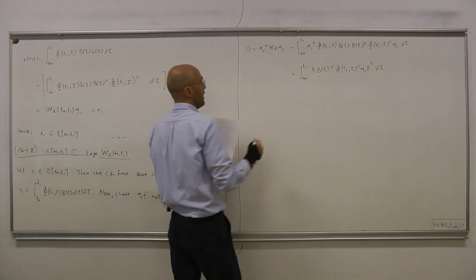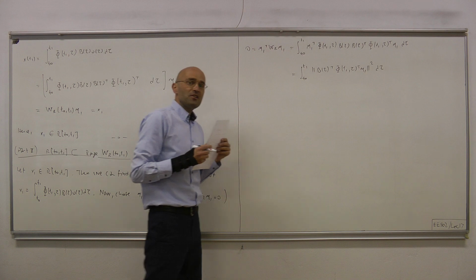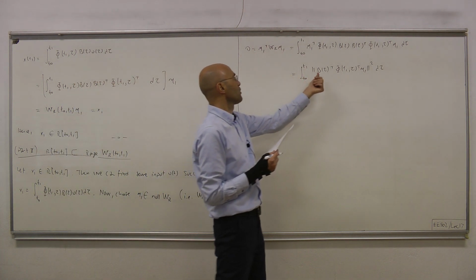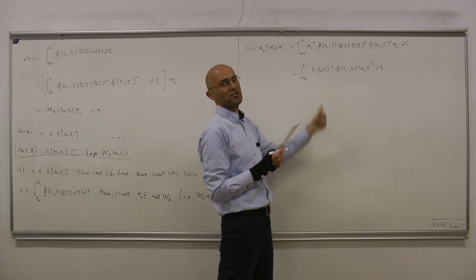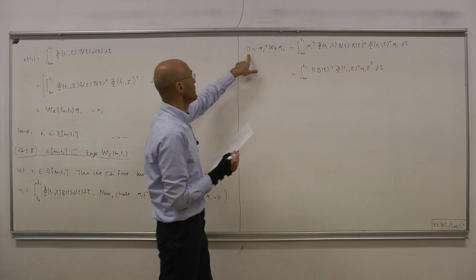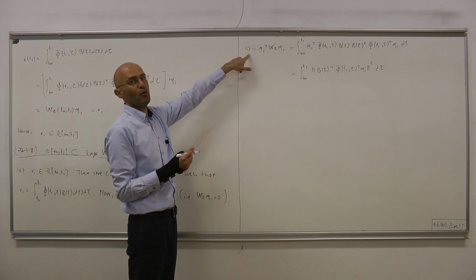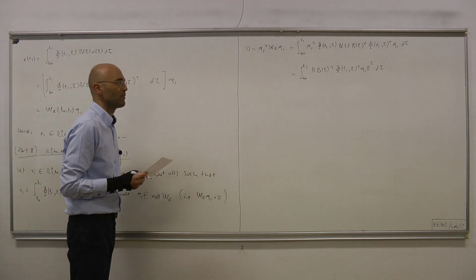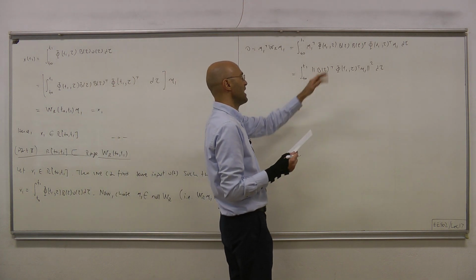Now, since the integrand is a norm square, it's never negative, and you're integrating something non-negative, and the left-hand side is 0, therefore the integrand must be identically 0, at least for well-behaving functions.